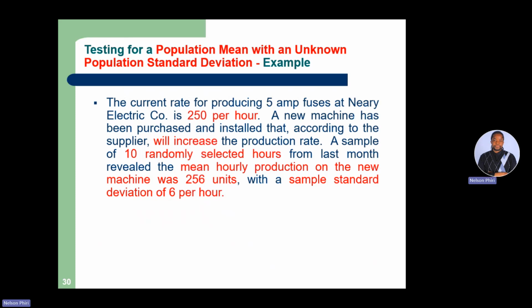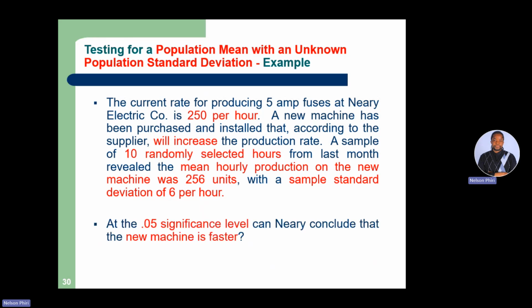Then again, now we're testing for a population mean with an unknown population standard deviation, which is almost the same. Now we have 10 randomly selected hours, with a sample standard deviation of 6, and a hypothesized mean of 250. So now we're testing: is the new machine faster? If the new machine is faster, we expect a greater number of units per hour, right?